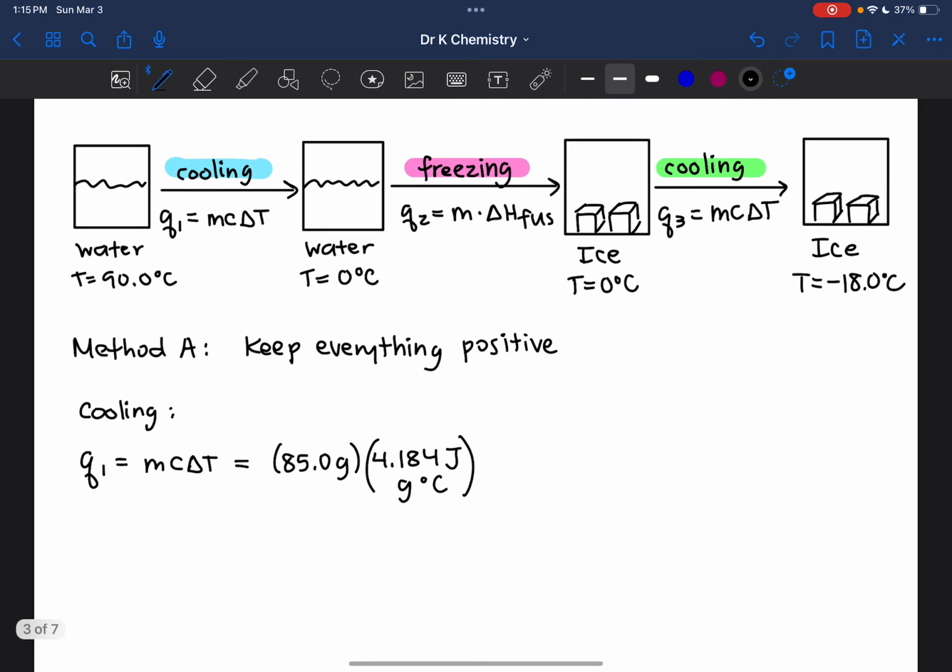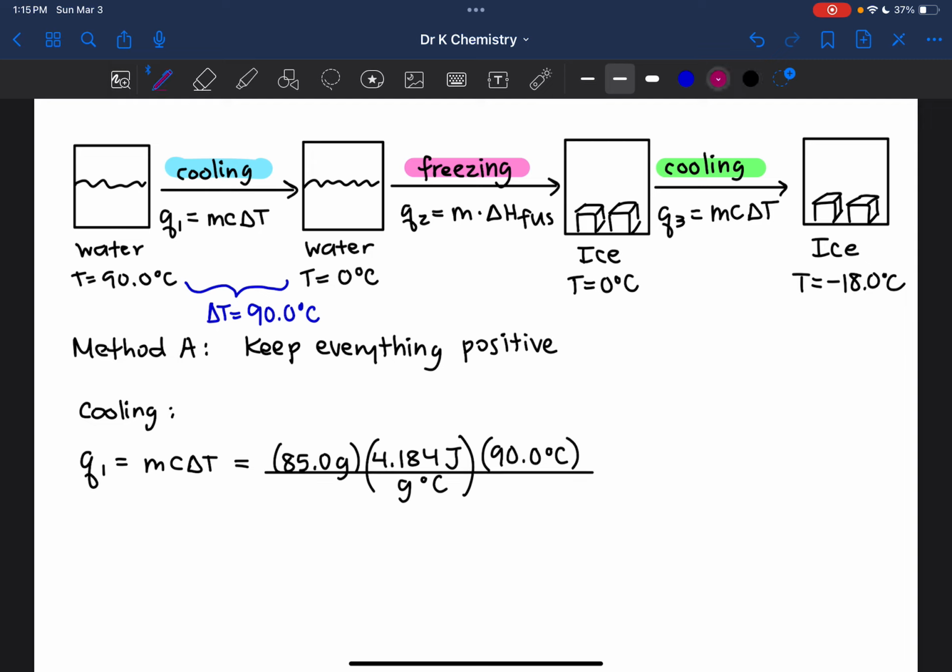And then we want a change in temperature. So we started at 90, we're ending up at 0. And technically this should be a negative value because we're subtracting 90 from 0. But as I said, in this method, I'm going to keep everything positive. So I'll just say delta T is 90. And we'll just act like that's a positive value. And I'll plug that in.